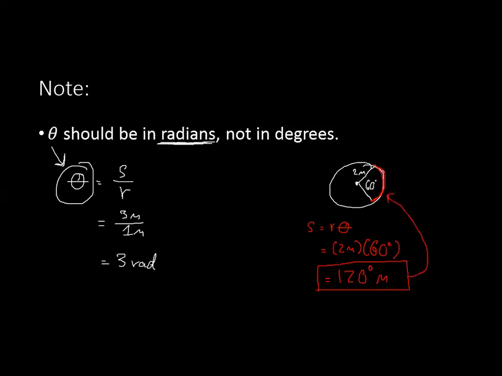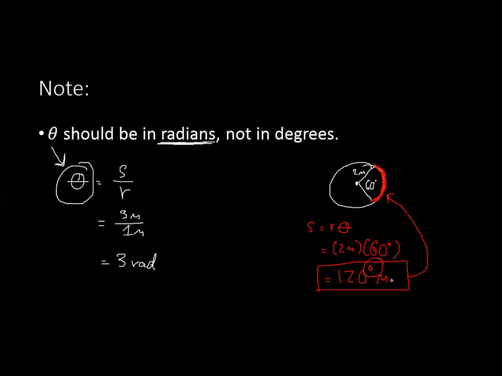For example, if you want to find the length of this one, there's no such thing as 120 degrees. If you're looking for the length of a curve, the length of a shape, or the side of a triangle or anything, just the length itself, there's no such thing as degrees.